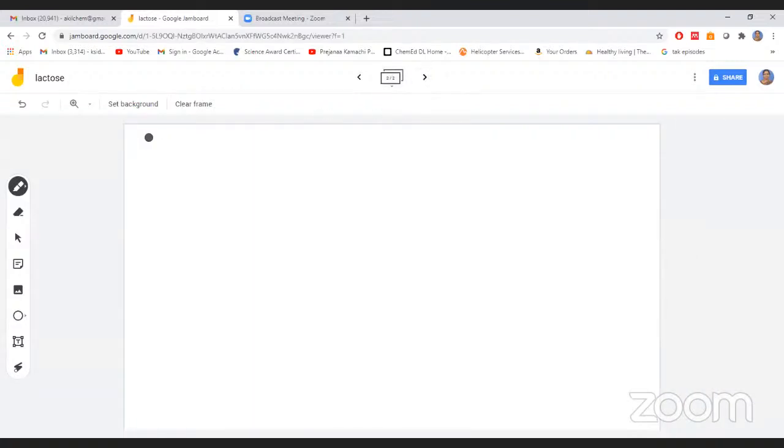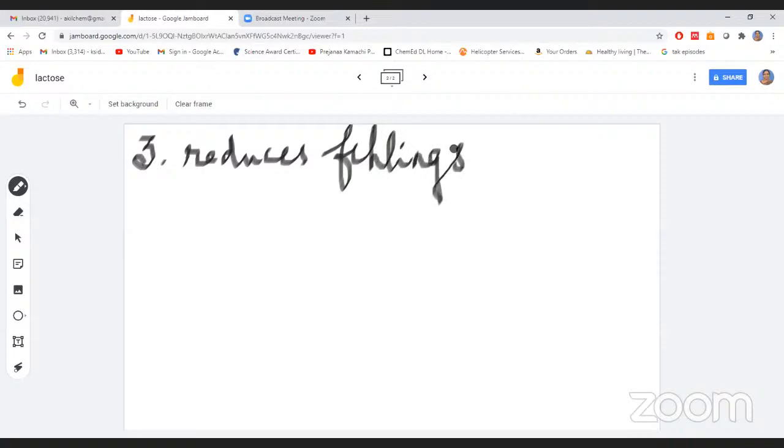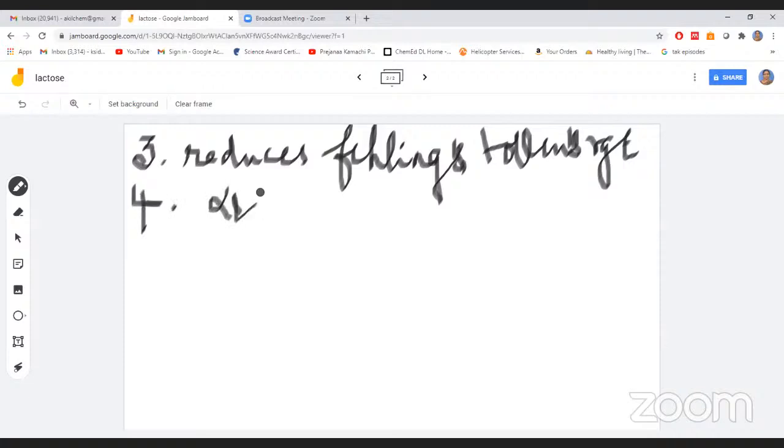Next, as usual, we need to find out whether it has a reducing or non-reducing end. It is found to reduce Fehling's solution and Tollens' reagent, and it also exhibits mutarotation and shows alpha and beta forms with characteristic specific rotation.